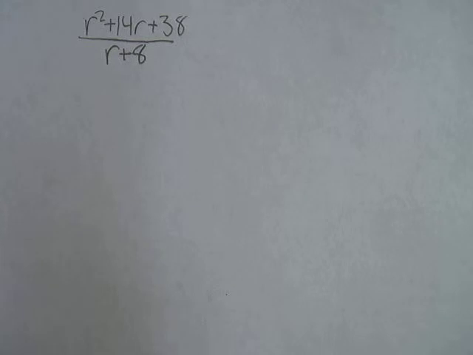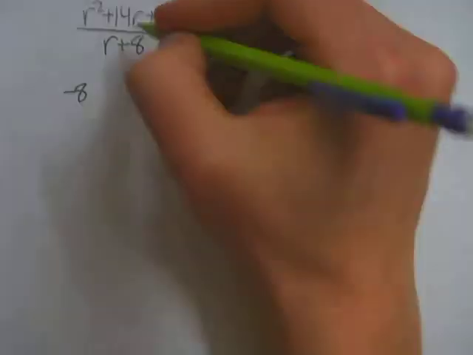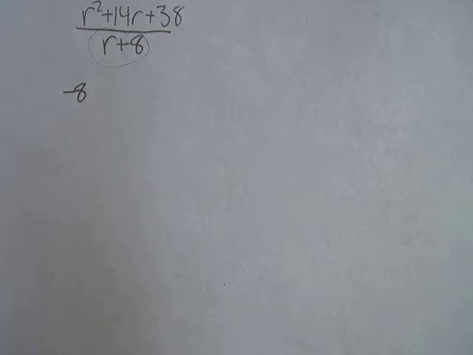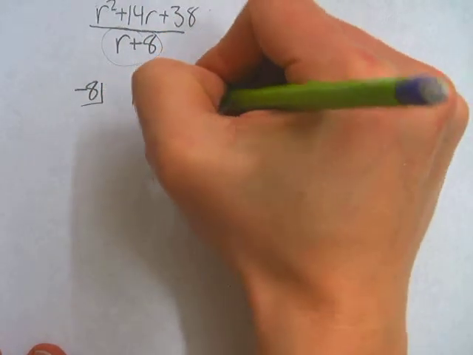You have to make a decision whether or not you want to use long or synthetic. For this case, it's probably worth it to review synthetic a little more, so I'll do that. Negative 8 is our root, because it's what makes this bottom term 0, the term we're dividing. So then I put my coefficients over here, 1, 14, 38.